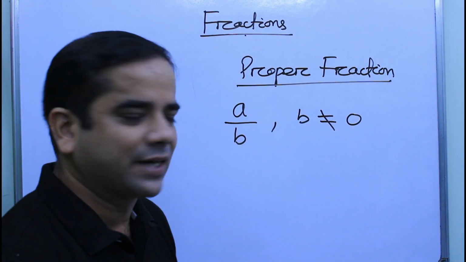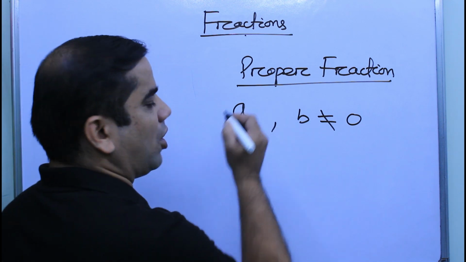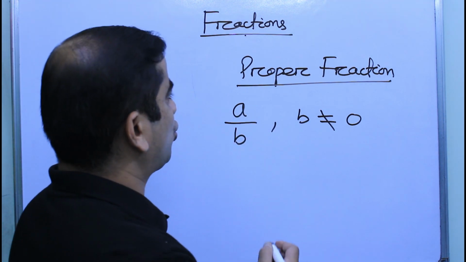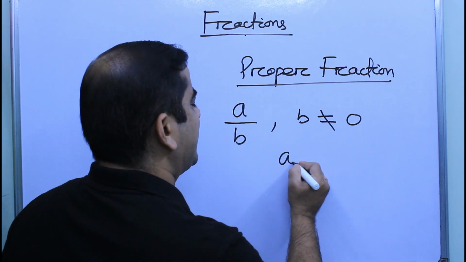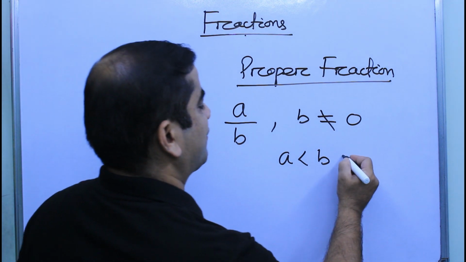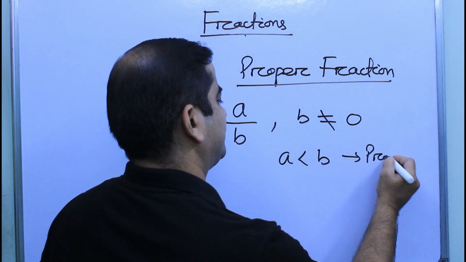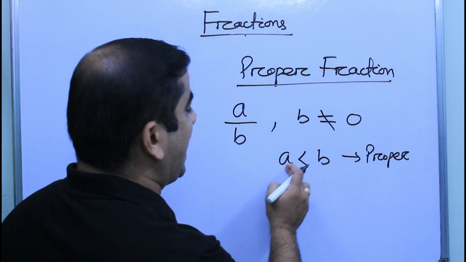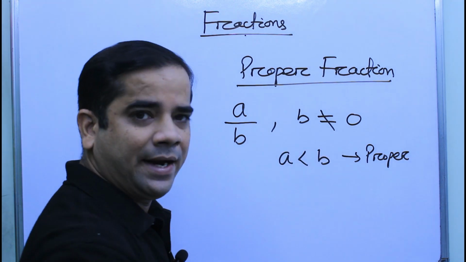So what is a proper fraction? We know a is called the numerator and b is the denominator. So when a is smaller than b, then we call it a proper fraction.